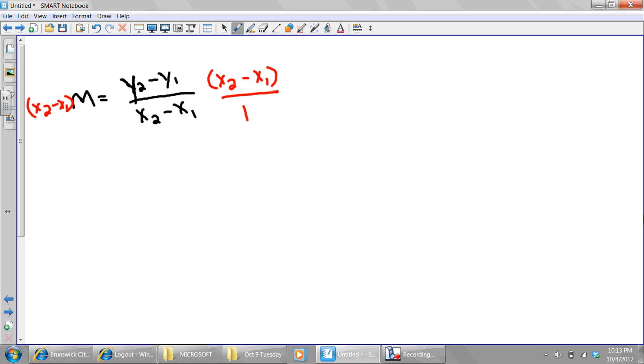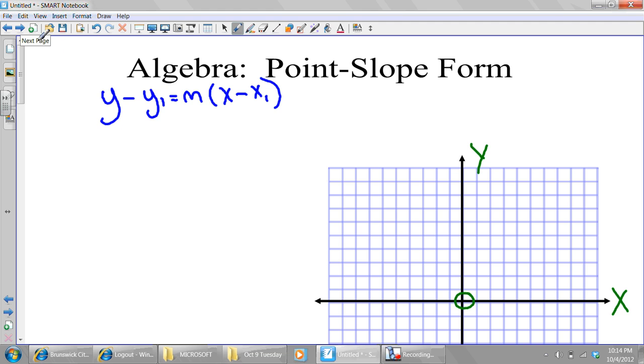When I do that, these cancel, leaving me with m times x sub 2 minus x sub 1 equal to y sub 2 minus y sub 1. Now that should look very similar to this blue equation here.